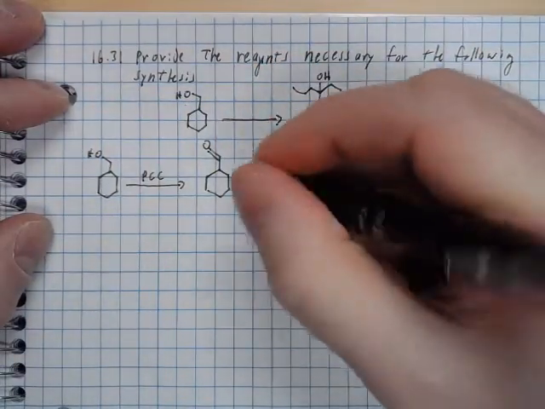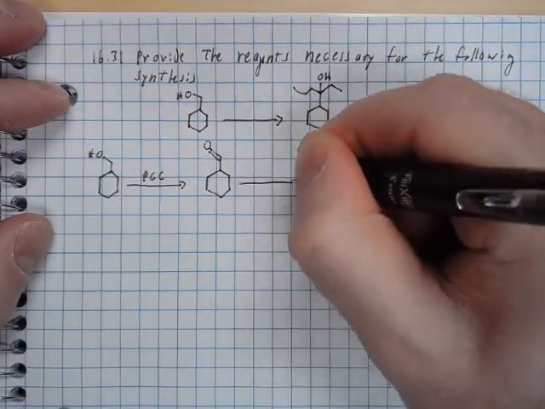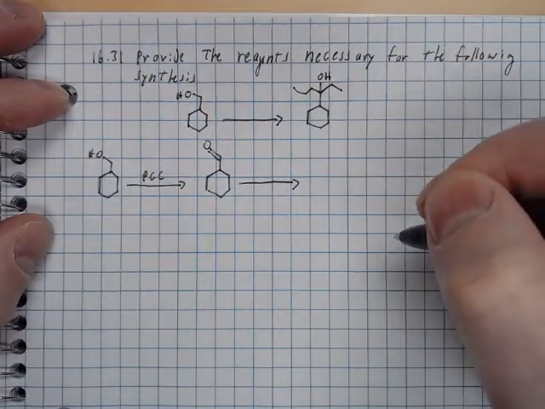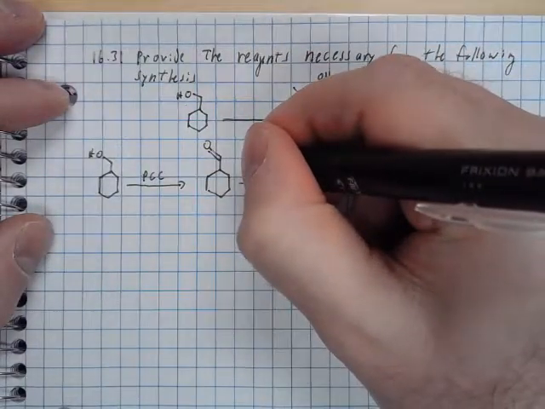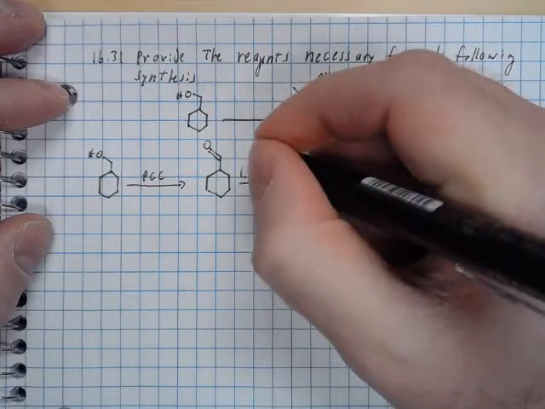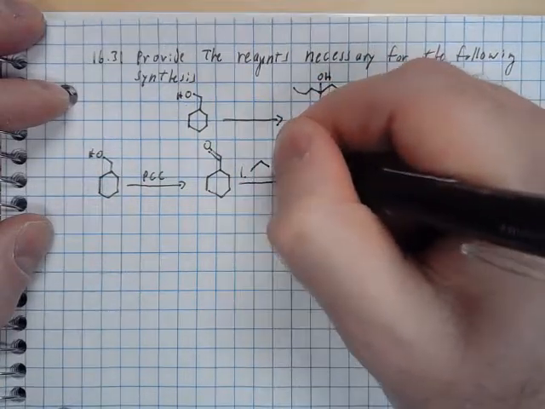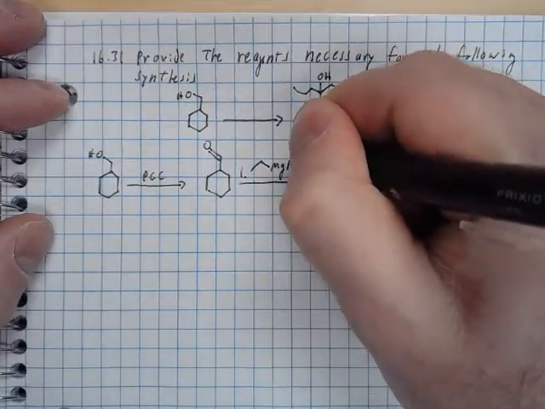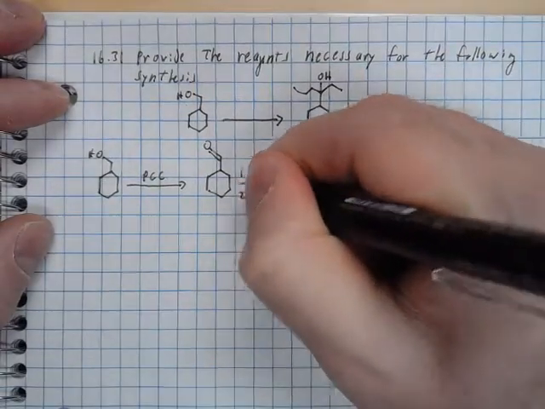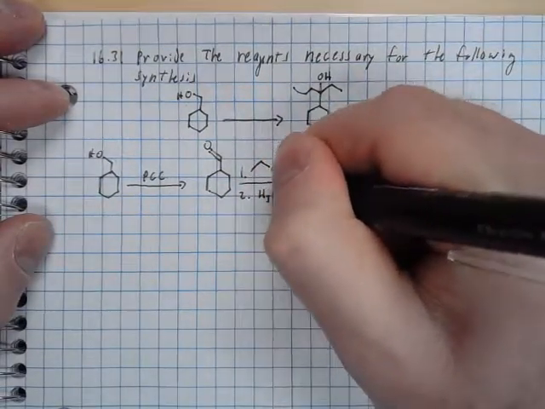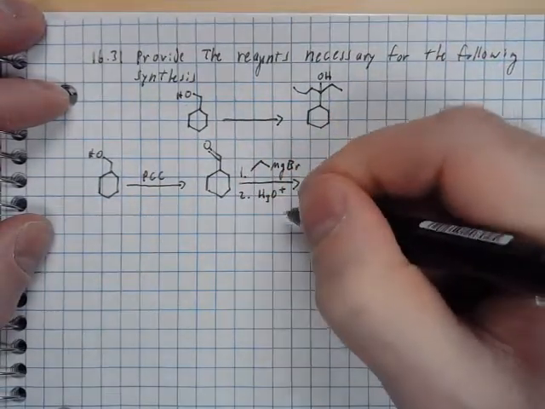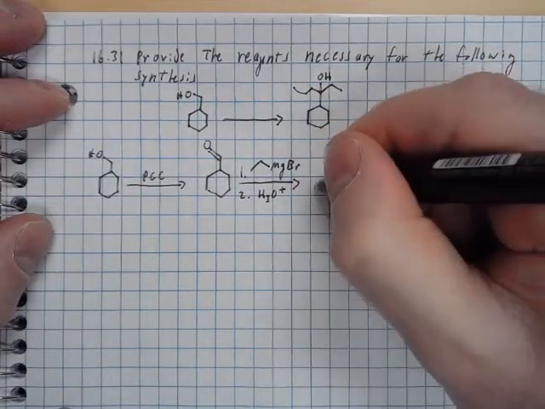Once we have the carbonyl, we can react it with the first of our Grignard reagents. Let's use the ethyl group first. So ethyl magnesium bromide, followed by an aqueous acidic workup.